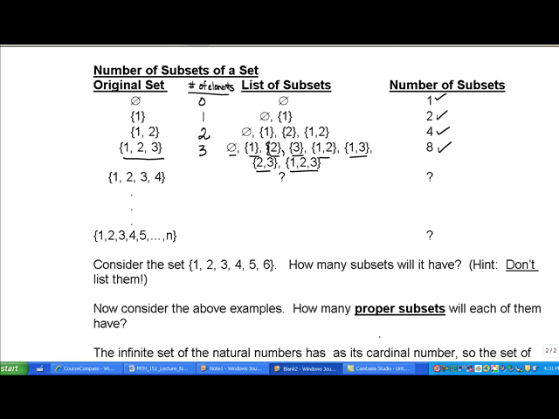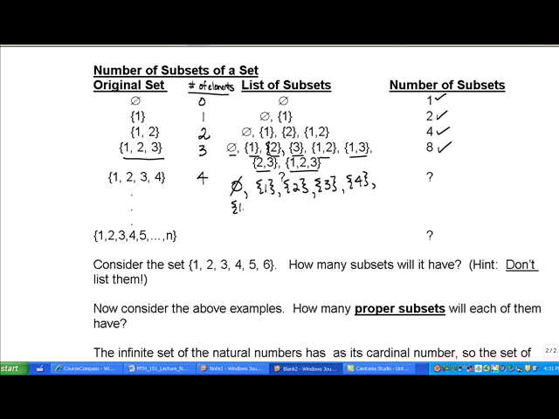So my next question is, how many subsets will we have for a set that contains 4 elements? Well, we'll do this one together. Let's see, we have no elements. We have 1 element at a time. Okay, now we want to do them in pairs.